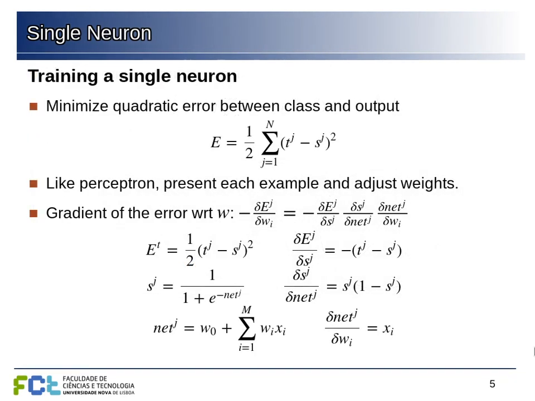So the idea is to express the gradient of the error as a function which we can easily calculate. The idea here is that you are computing the gradient of the error with respect to the parameter that we have to adjust. And to do that, you chain together all those different operations.